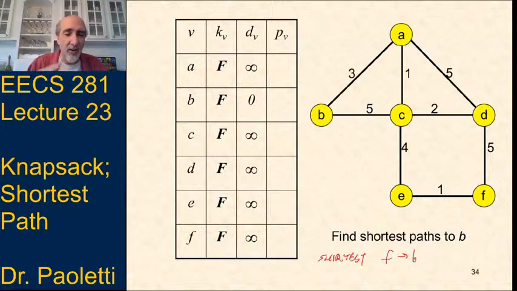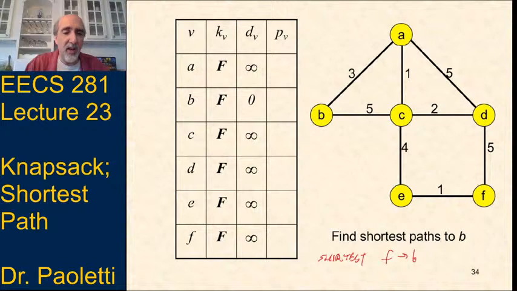If it's a directed graph, we have to stick with the actual starting point. So if it was a directed graph, if B starts out at a distance of 0, I will find the shortest paths from B to everything else. So in a directed graph, our starting point matters and our directionality matters.